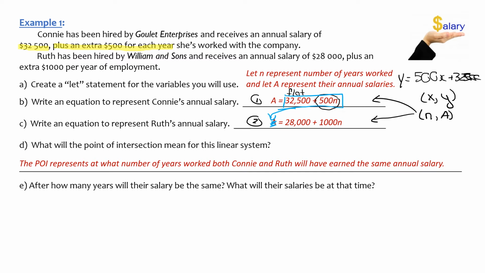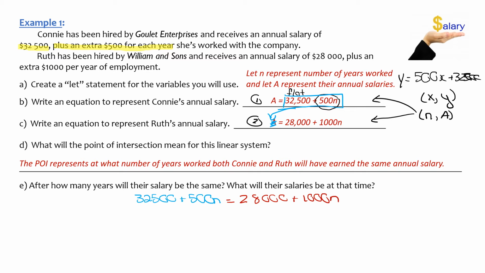So that's the method of substitution. I'll take what I put a box around in blue, and I'll write it first. 32,500 plus 500N. That's going to equal, so equation 2 is 28,000 plus 1,000N.